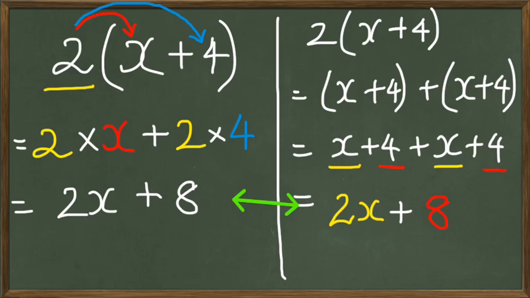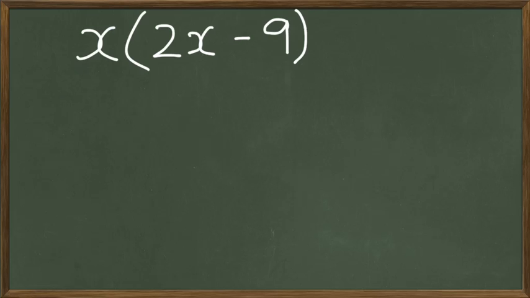I'll do one more example. What if we have a letter outside instead of a number? For example, let's go with x multiplied by 2x minus 9.